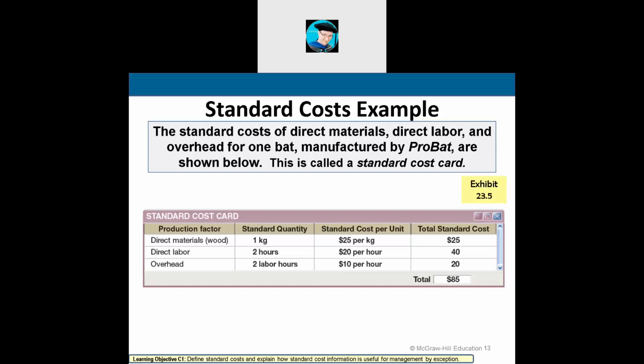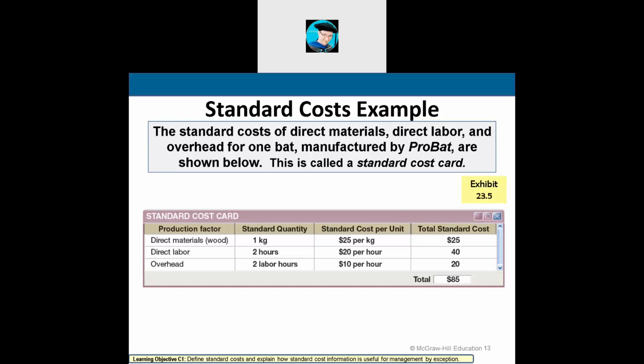I apply 2 labor hours as my predetermined overhead rate times $10 per hour applied overhead rate to get me to $20 of overhead per baseball bat, standard cost.